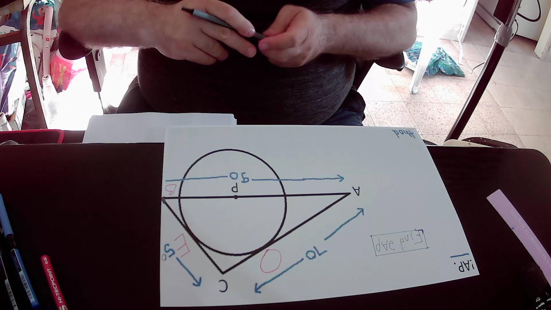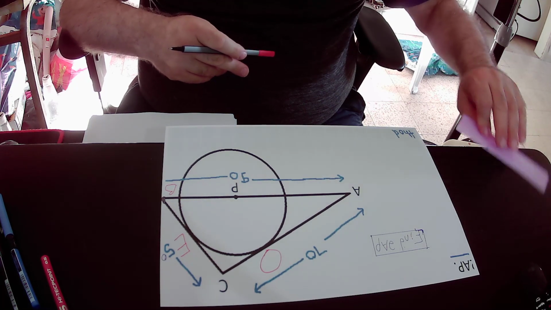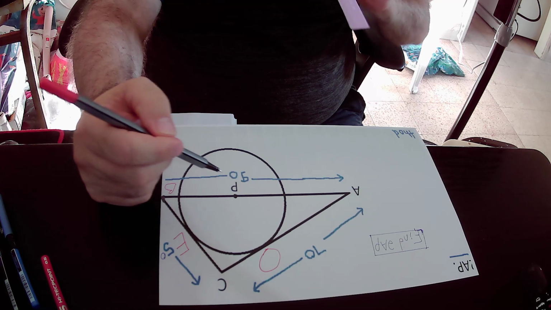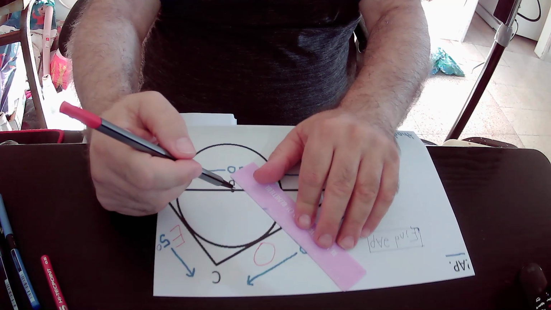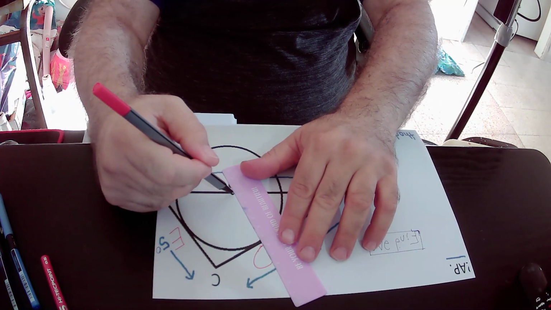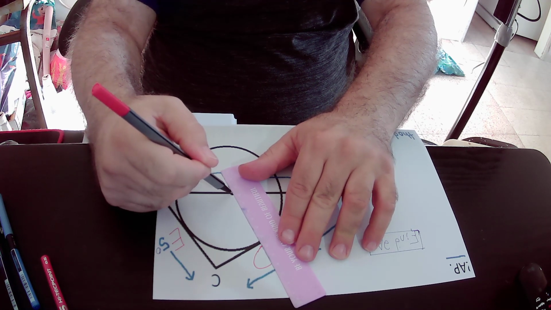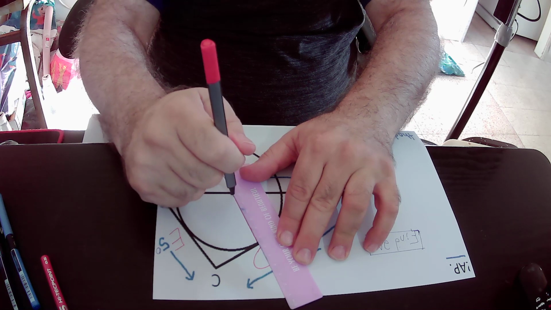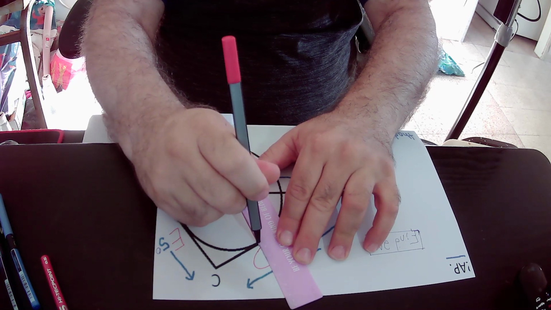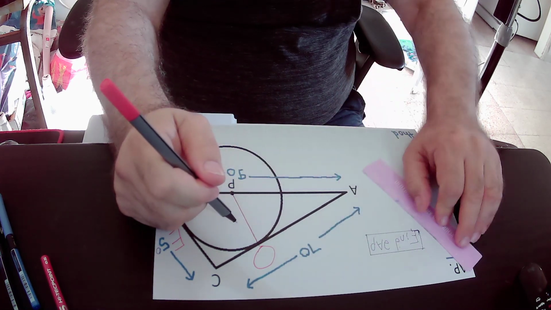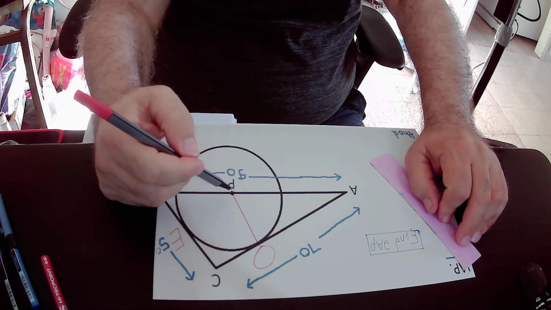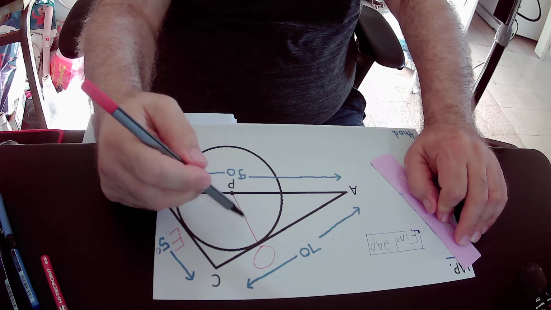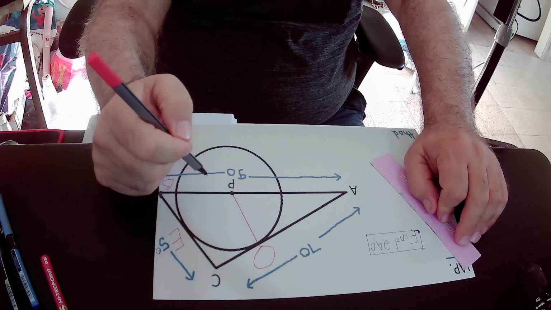And in the next step, we will connect points O and P together by a straight line. So the straight line OP is the radius of this circle.